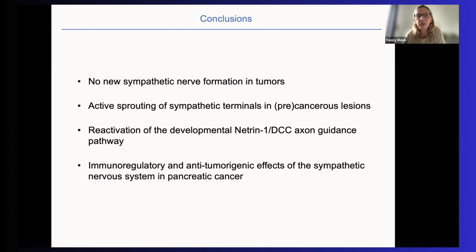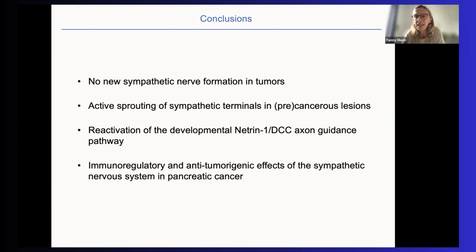And we have seen that these nerve terminals actively sprout both in precancerous lesions and in pancreatic adenocarcinoma. And we have found that this remodeling, this plasticity of the sympathetic nervous system, is induced by the reactivation of a developmental axon guidance pathway.